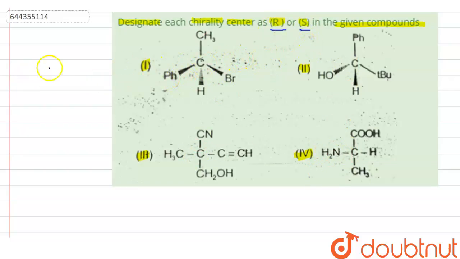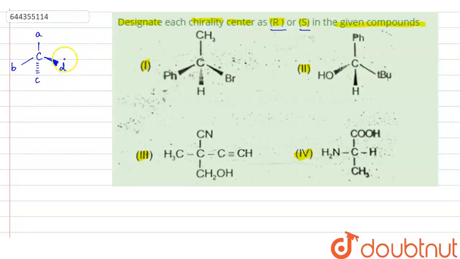So first of all, let us discuss the chirality center. What is a chiral center in a molecule? Suppose we have a carbon atom and 4 groups are attached to it. Suppose A, B, below the plane we have C, which is denoted by a dashed line, and then D, which is denoted by a wedge line above the plane, right?